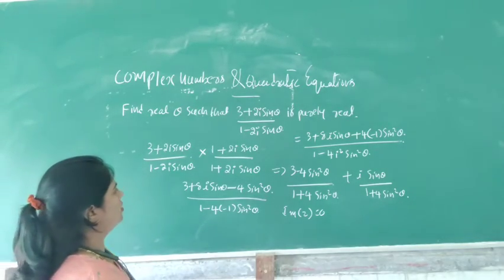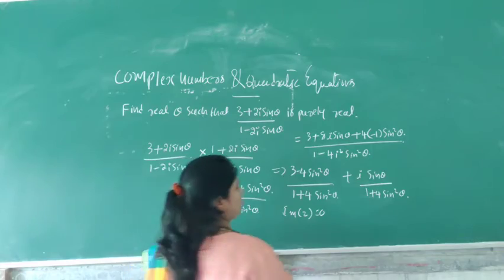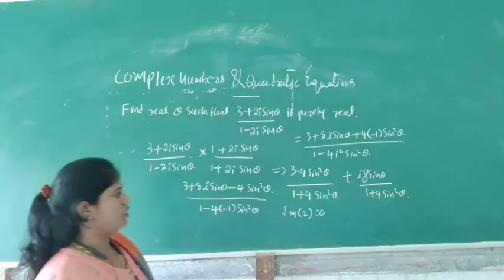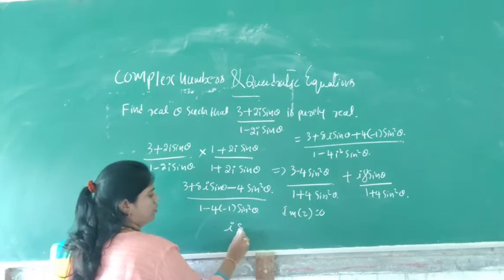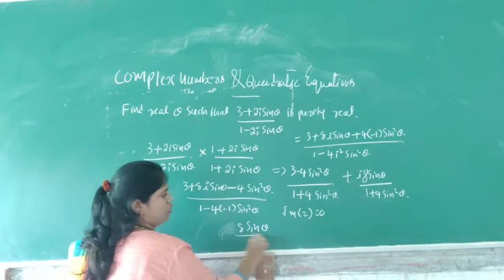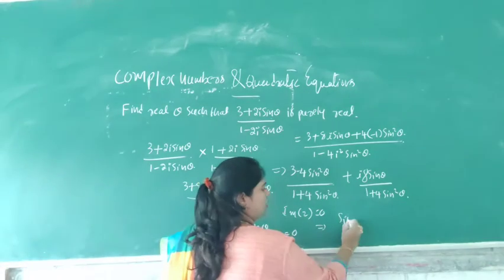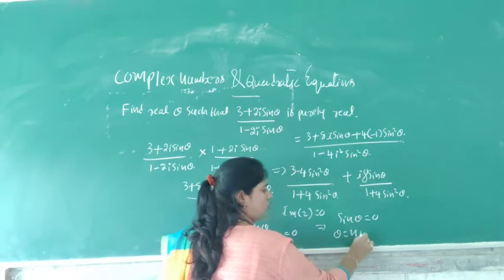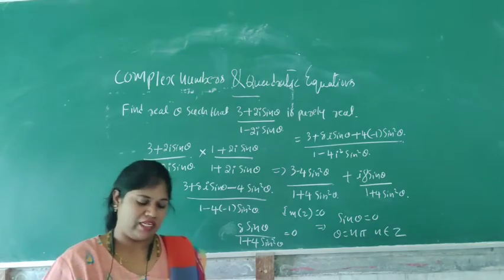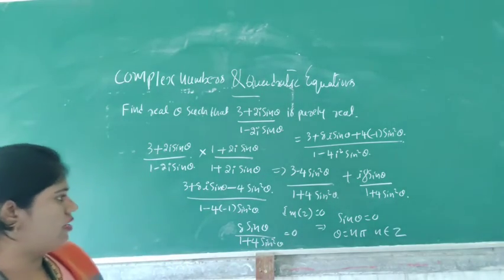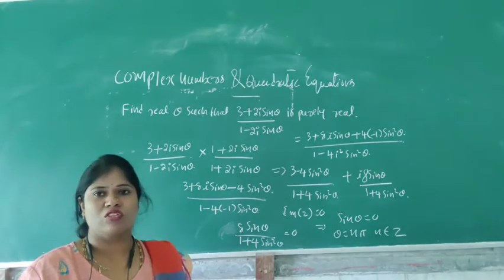So 8 sin theta divided by 1 plus 4 sin square theta is equal to 0, which implies sin theta is equal to 0, which implies theta is equal to n pi, where n belongs to Z. There is a formula: theta is equal to n pi, n belongs to Z.